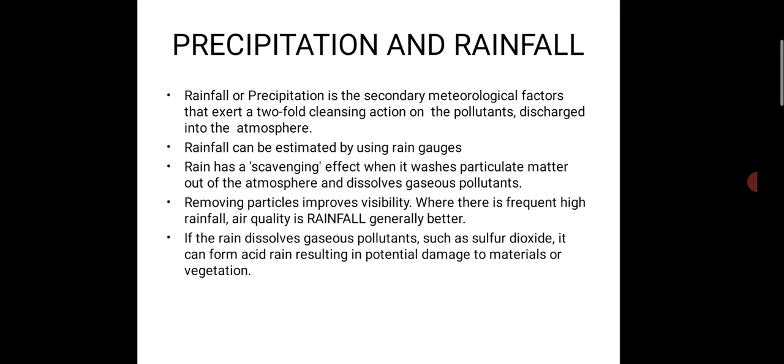Rain has a scavenging effect when it washes particulate matter from the atmosphere and dissolves gaseous pollutants which are present in the ambient air. Removing particles improves visibility. Where there is frequent high rainfall, air quality is generally better in that area.